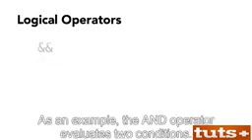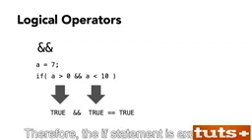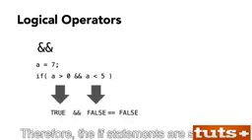Here, both conditions are true, therefore the if statement is executed. Here, one of the conditions is false, therefore the if statement is skipped. In the logical OR operator, only one of the conditions needs to be true. Here, the if statement would be executed. When both conditions are false, the if statement won't be executed.